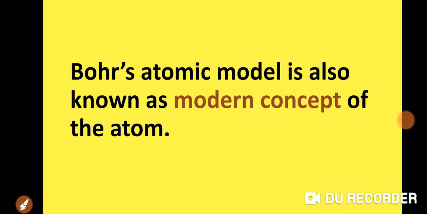Okay, this is Bohr's atomic model, which is also known as the modern concept of the atom. Because before Bohr's atomic model, we have learned about the J.J. Thomson atomic model and Rutherford atomic model. So this is the superior model, which is also known as the modern concept of the atom.